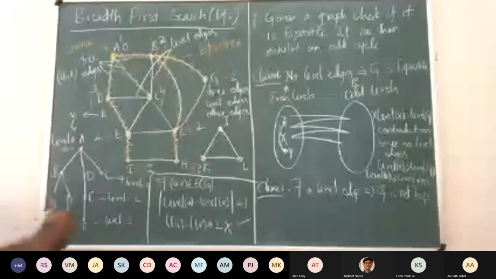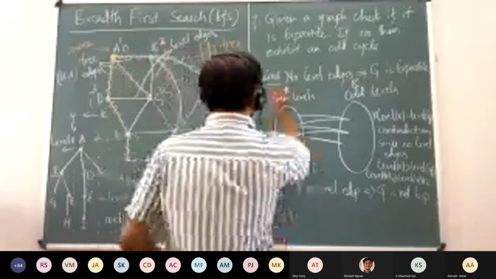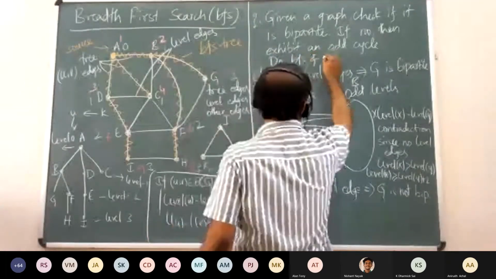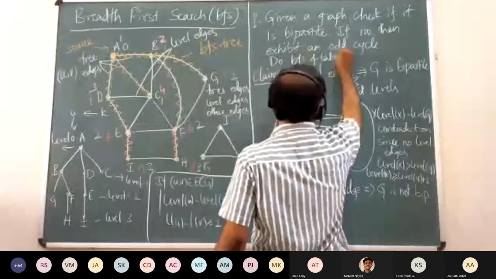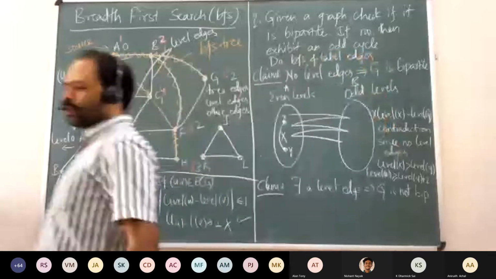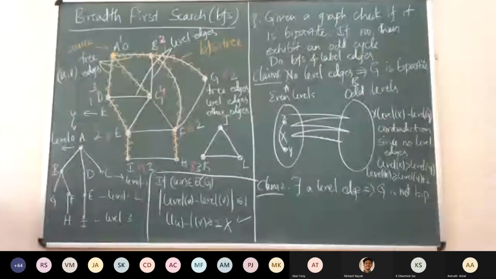So you have done the BFS. The algorithm here is: do BFS and label edges. Then if there are no level edges, the graph is bipartite. Otherwise, if there is a level edge, it is not bipartite.